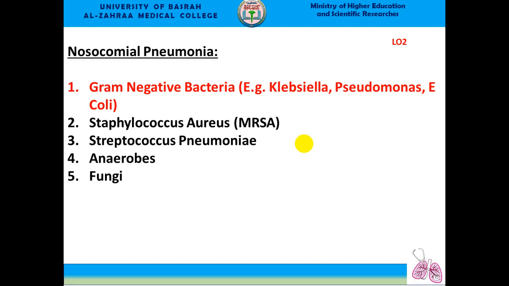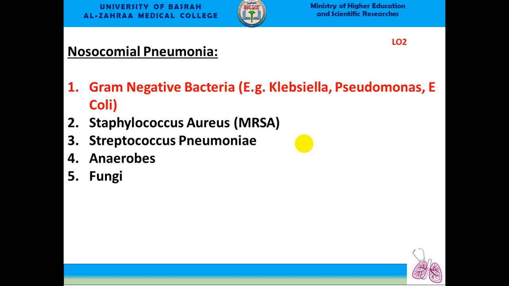The second most common type of microorganism causing nosocomial pneumonia is Staphylococcus aureus, which is called the methicillin-resistant Staphylococcus aureus. Why methicillin resistance? Because they are not responding to methicillin, and methicillin is an antibiotic.